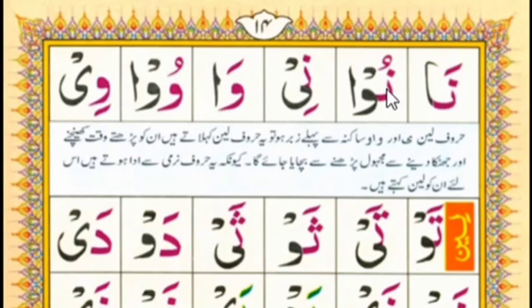Similarly, we say noon waw dhamma nu, or we say noon inverted dhamma nu, right? The third is noon ya kasra ni, and we say noon standing kasra ni. So the madda letters and the standing movements are equal, so remember that.